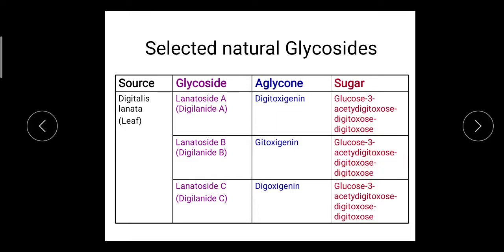Let us see the difference. It has the aglycone part digitoxigenin, the sugar moiety is glucose, 3-acetyl digitoxose.